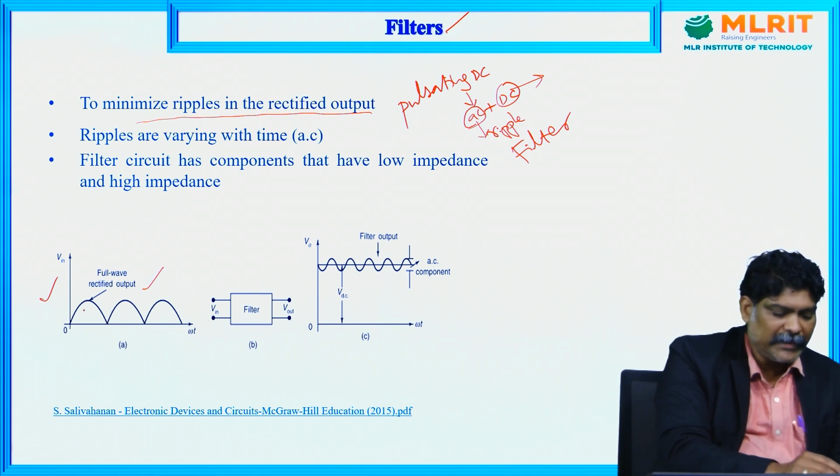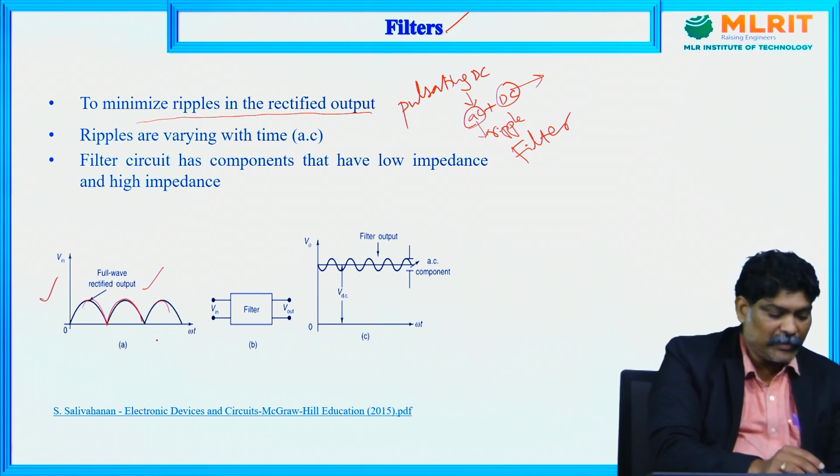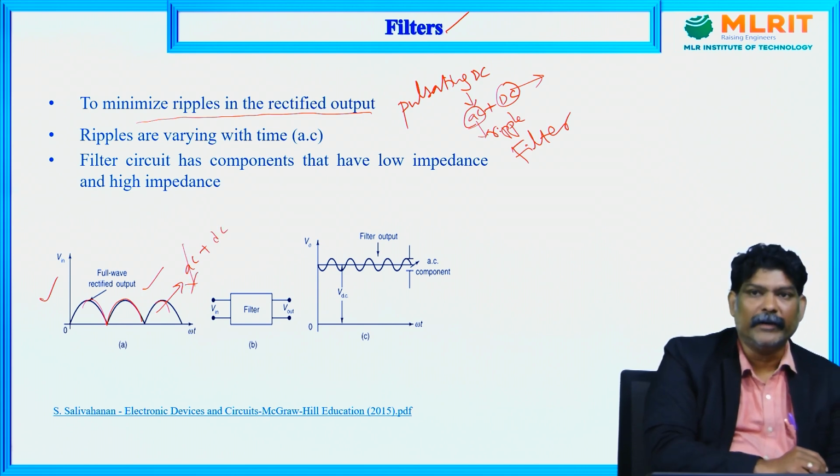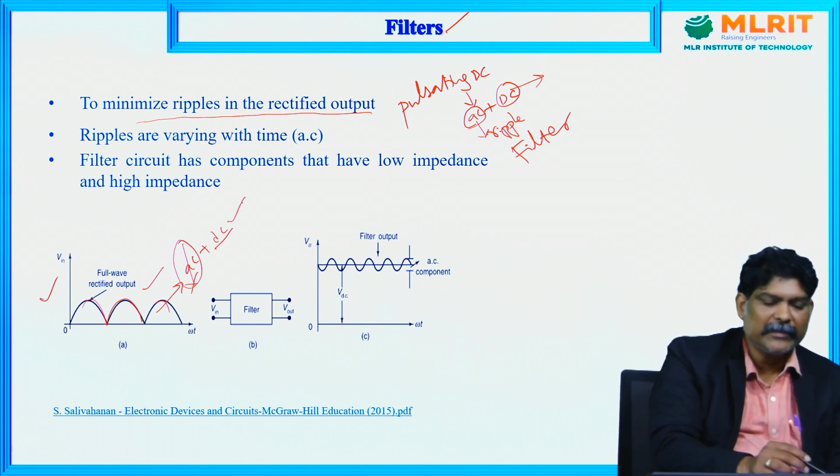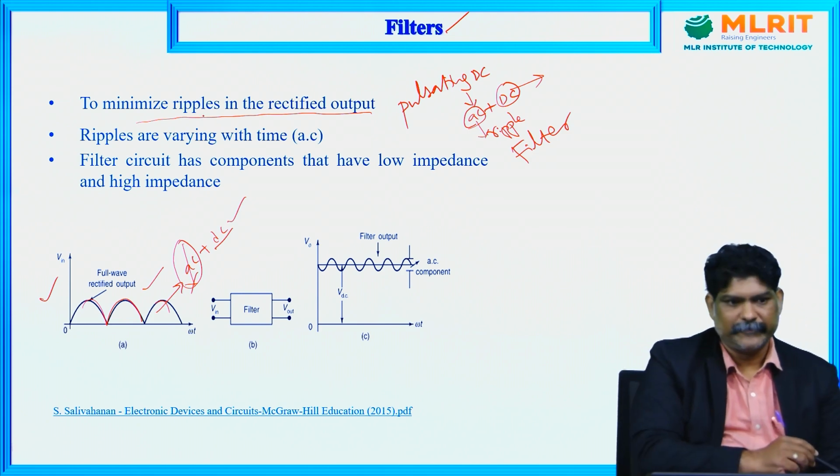It is a pulsating DC, so it consists of both AC and DC. We don't want this AC component, so in order to remove or minimize it, we require this filter circuit.